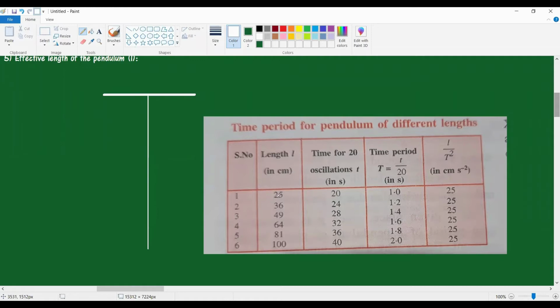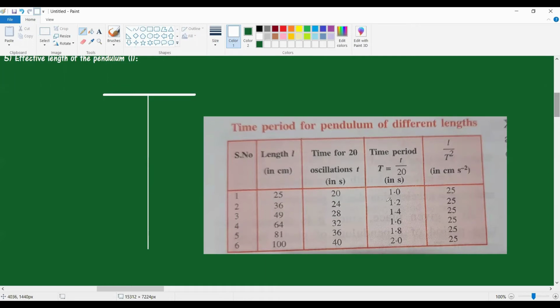First reading of the pendulum was taken with an effective length of 25 centimeters, and 20 oscillations were completed in 20 seconds. So it means the time period of each oscillation is 1 second.